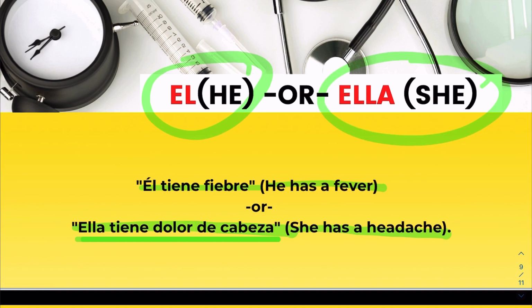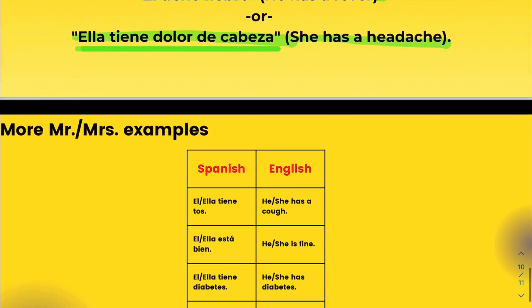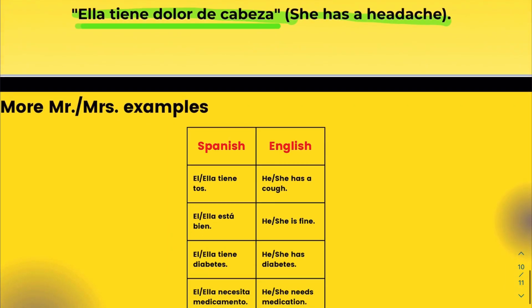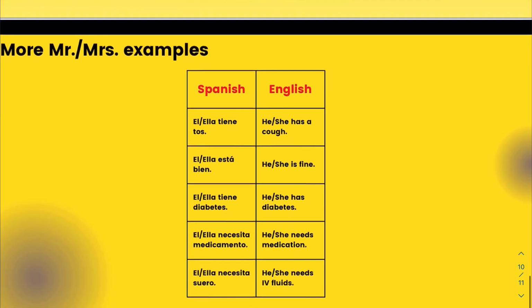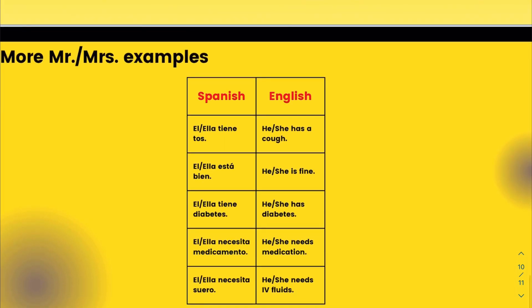And I also have a table that's helpful using the appropriate personal pronoun to help clarify the subject of the sentence and ensures effective communication with family members. So ignore this. This is a mistake. This should have been for él and ella. So here we go. In Spanish, ella tiene tos.